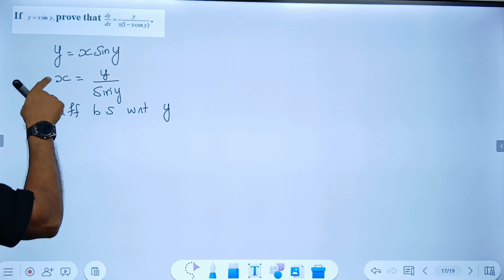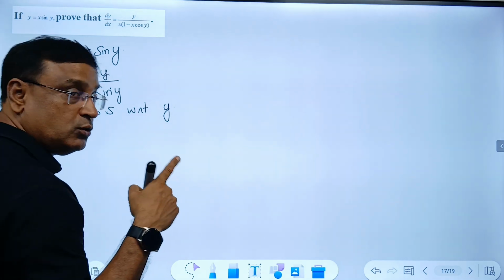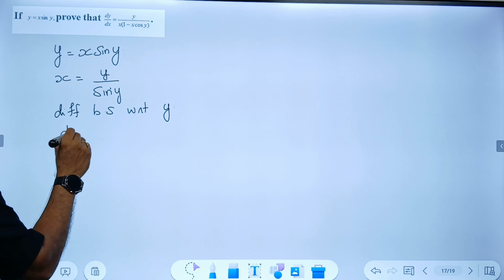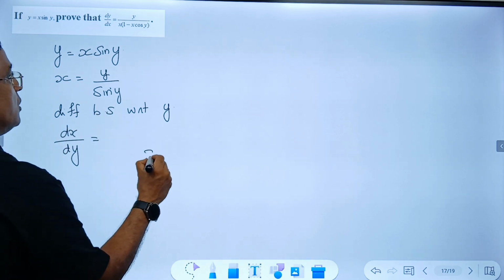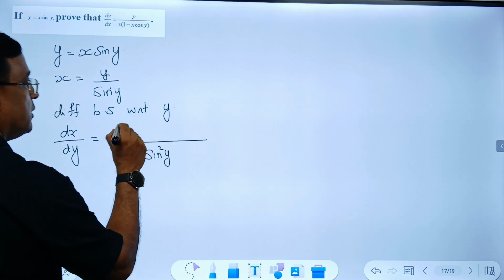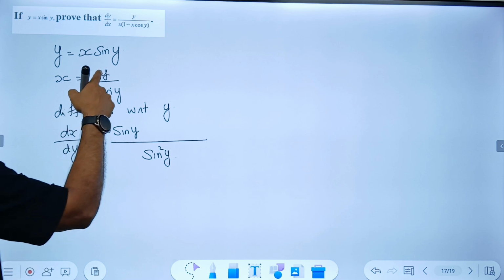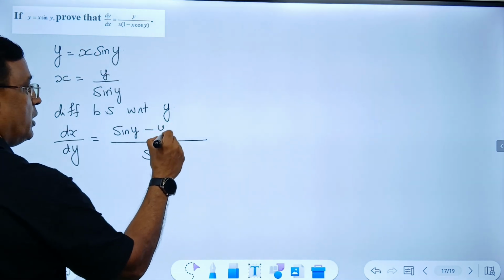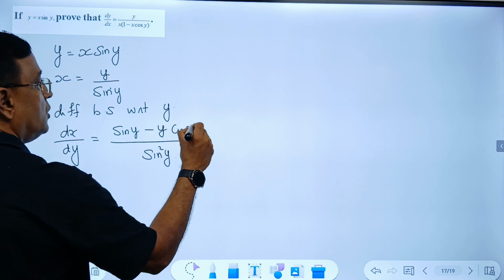So what is differentiation of x then? It will no longer be 1 because I am differentiating with respect to y. So it will be dx by dy equal to, quotient rule, sine square y in the denominator. What do you get? Sine y into differentiation of y, which is 1, minus y into, what is the differentiation of sine y? It will be cos y.